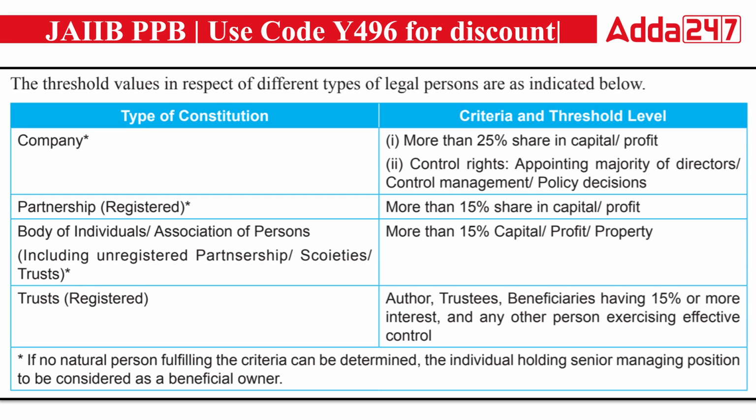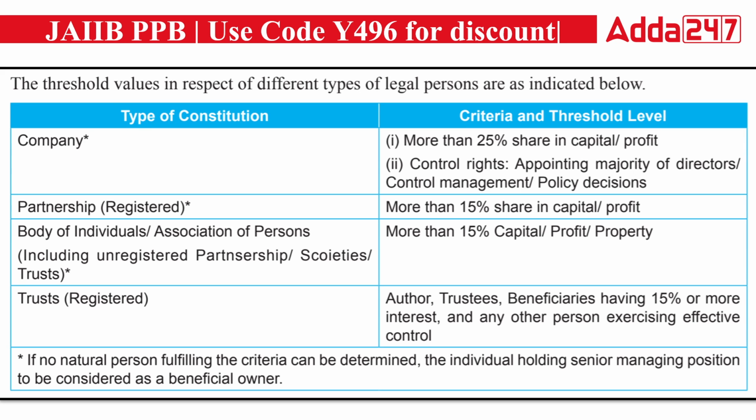One important note is that if no natural person fulfills any of these criteria for company, for partnership, for body of individuals, for trust, in that case the individual who is holding a senior managing position will be considered as a beneficial owner.